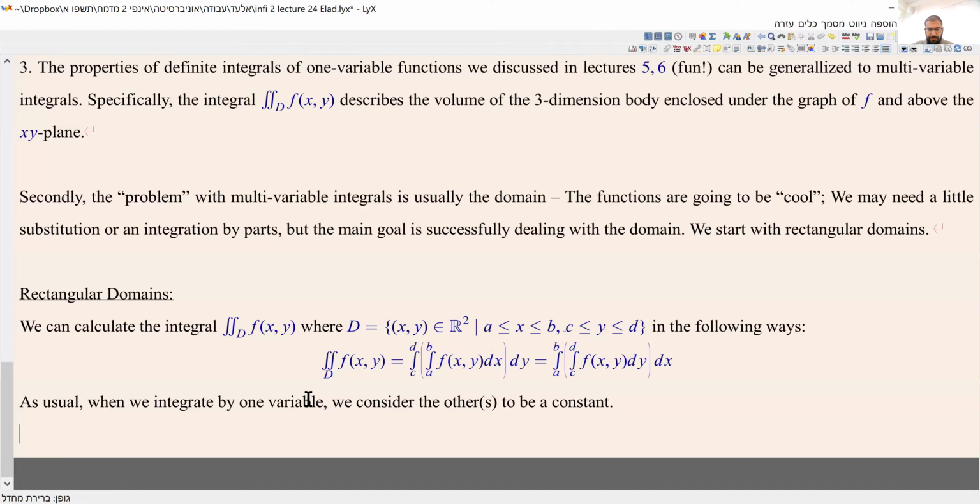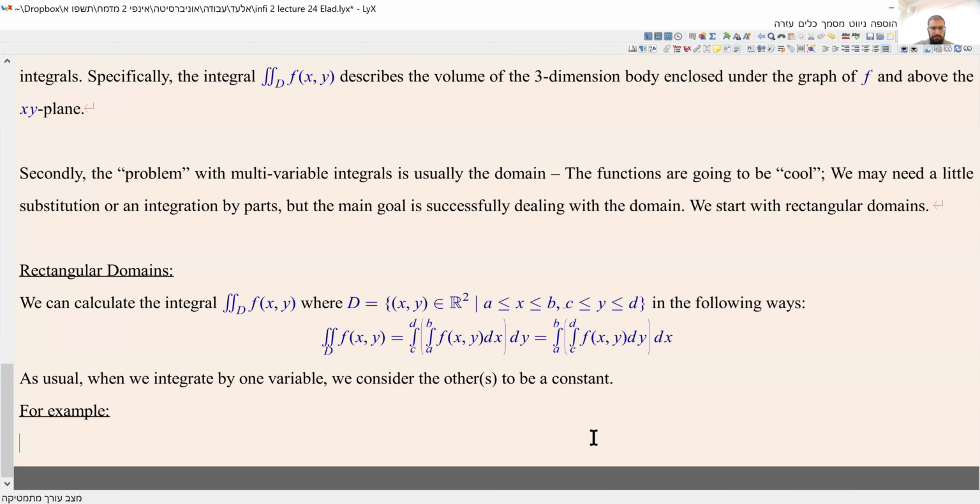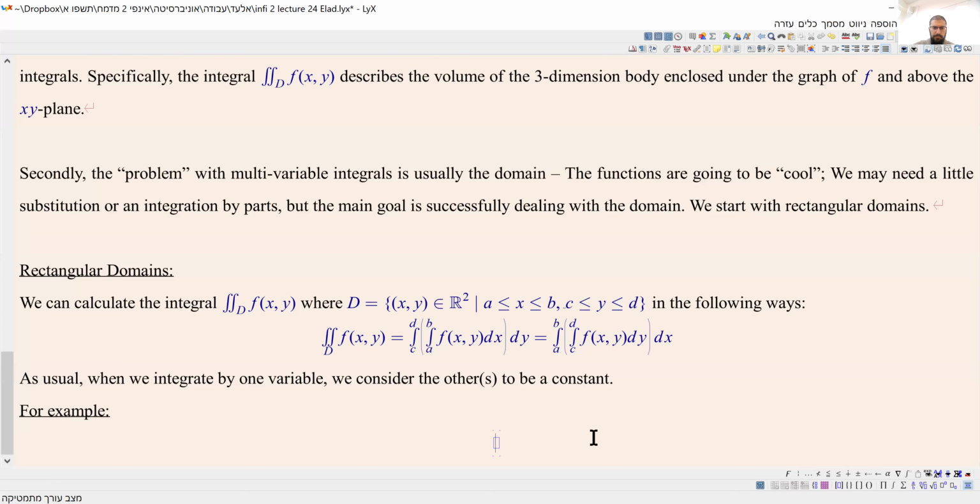Okay, for example, let's calculate the following integral. The integral of x squared y plus y third. For the notation in the integral itself, one can use dS or dA or d whatever.